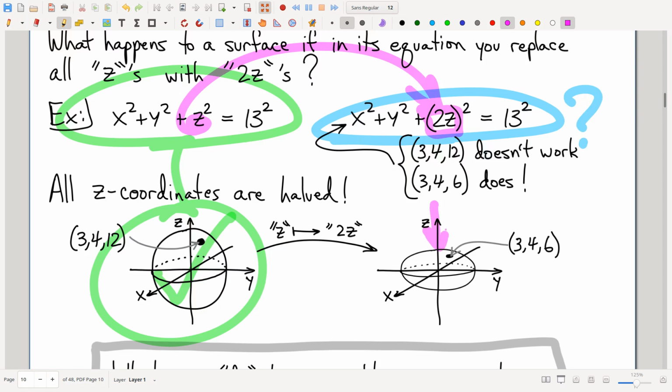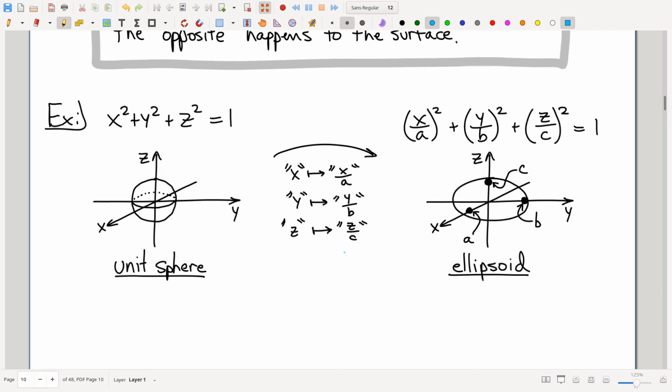That means that this sphere that I started with gets squished, and thus I get this kind of flattened former sphere. It's called an ellipsoid, as it turns out. But that's what I get. So my knowledge of a simple equation allows me to understand more complicated equations. Now, a few more examples with which I'm going to be really quick.